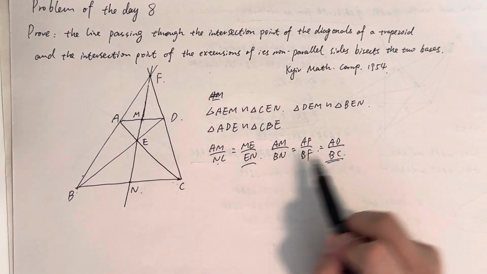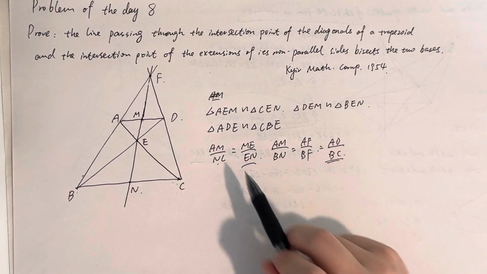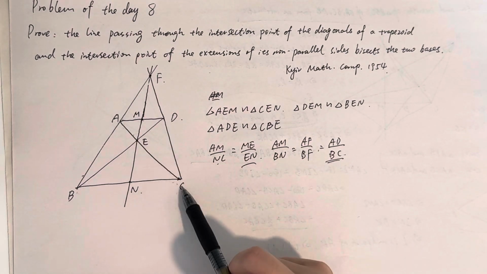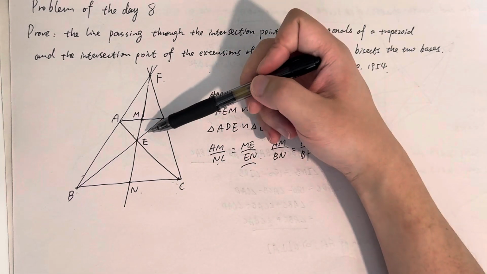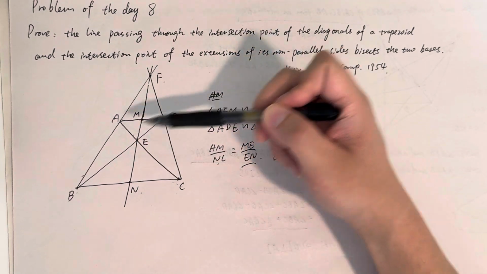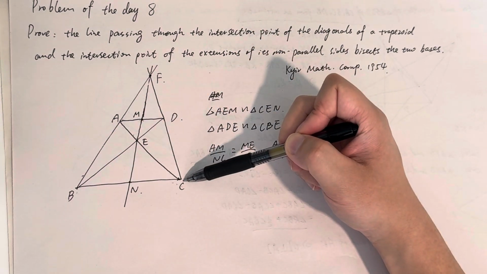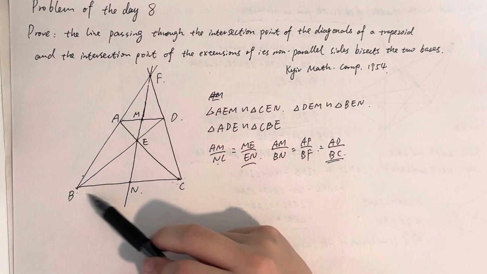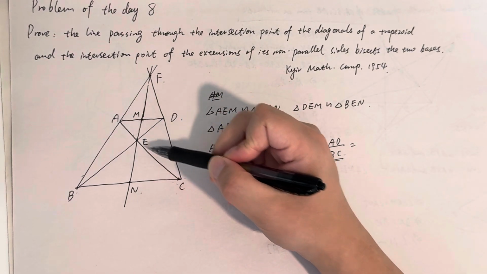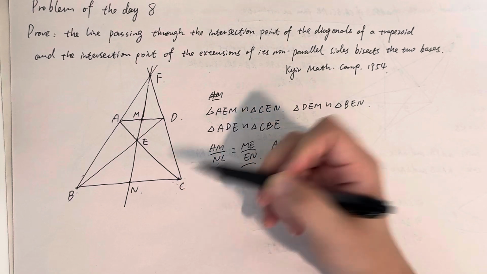So these two have to be equal, right? And what we have here is AD to BC, and we want to prove ME to EN equals AD to BC. And AD to BC equals AE to EC, right?